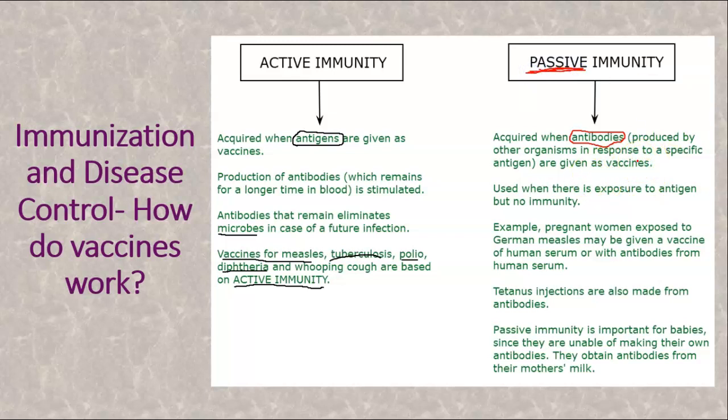Because you're introducing vaccines with antibodies that are already made, ready-made antibodies, the body of the host is not making the antibodies, as opposed to active immunity where the patient is receiving the antigen, so that person's lymphocytes have to make their own antibodies based on the antigen that has been given.